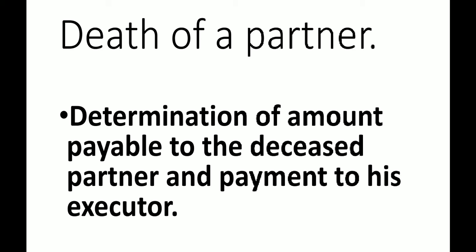But we haven't learned a single sum about death of a partner, which is our topic today. So we are going to learn about determination of amount payable to the deceased partner and payment to his executor. Executor, as I said, is a person appointed to carry out the legal procedure of a will.